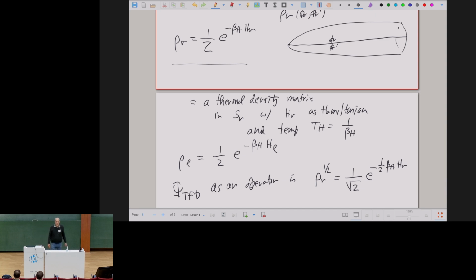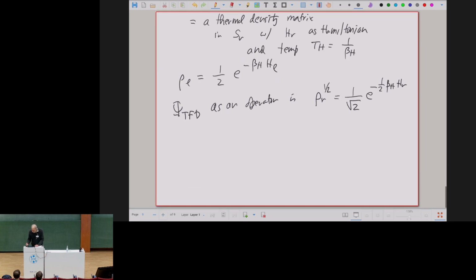Since we got the density matrix by rotating the positive region SR through an angle 2 pi, the square root rotates it through an angle pi. But if you start with this positive half and rotate through an angle pi, what we build up is just the lower half that we call W.